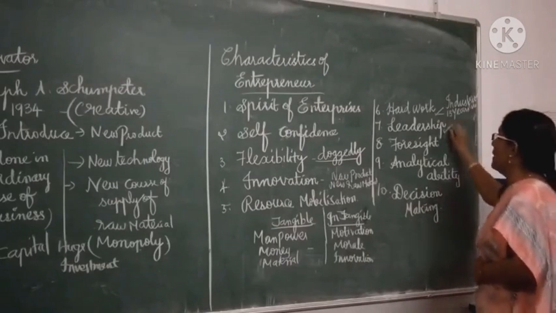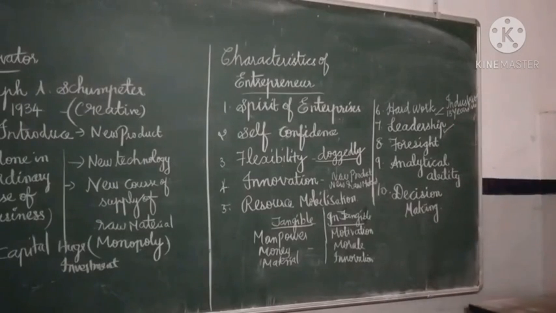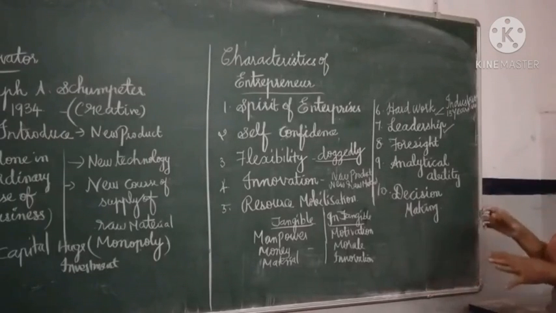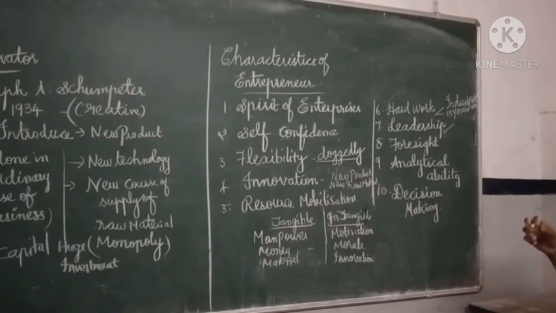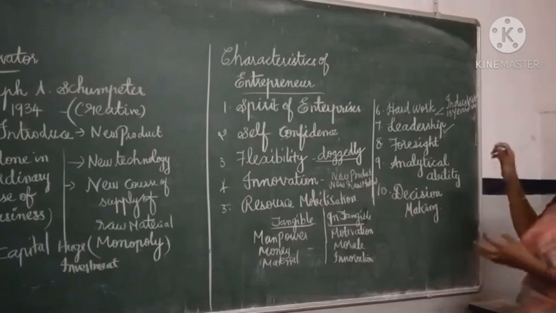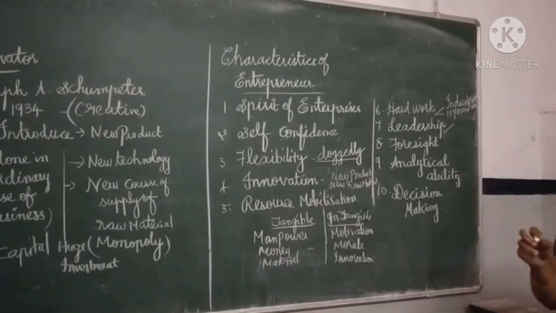Then come to leadership. The entrepreneur should be able to influence team members. See, a lot of team members are there. In that team, you will be the leader, isn't it? So we must possess leadership quality. Then only we can manage the people.